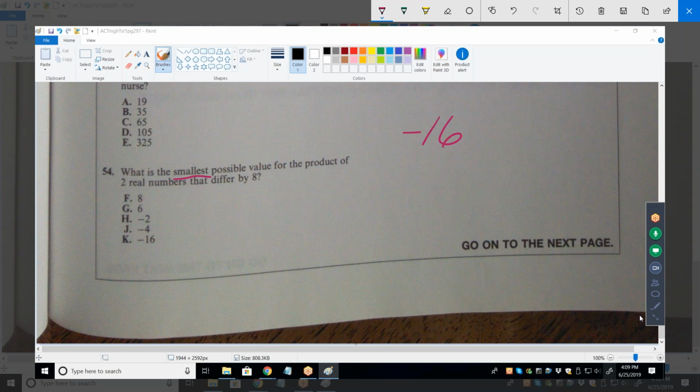Okay. Can you find two numbers? What's the smallest possible value for the product of two real numbers that differ by 8? Hold on. Let me back up. I think I might have made a mistake. Yeah, you can't do it this way, I don't believe. I think it might be -16. I think that's the wrong approach.